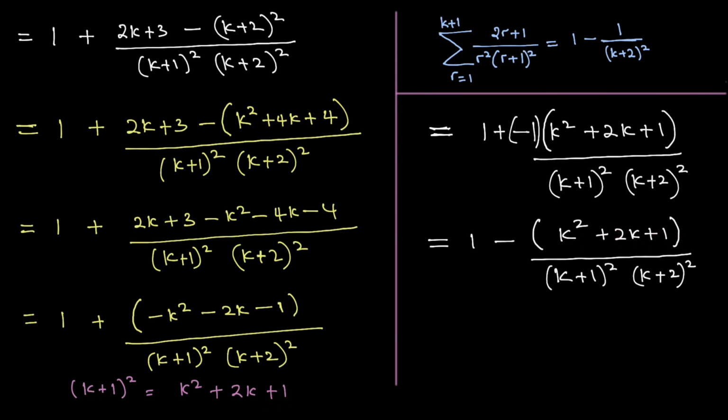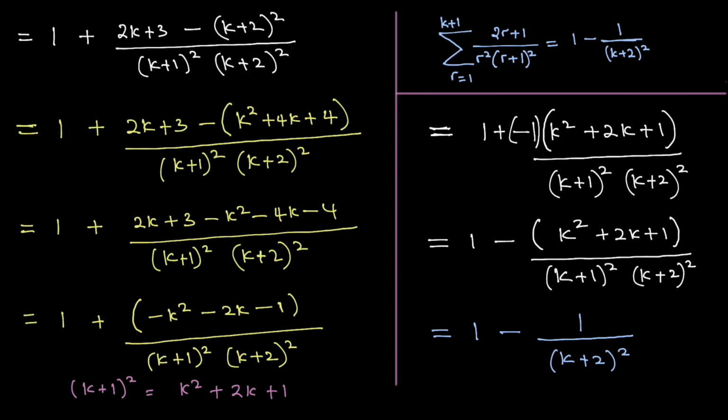So that is (k+1)^2, which would cancel that one, leaving 1 on top. So I'm going to get 1 minus 1 over the denominator (k+2)^2, because the (k+1)^2 has cancelled that (k+1)^2. And so this is exactly what I'm looking for, and I've got that.